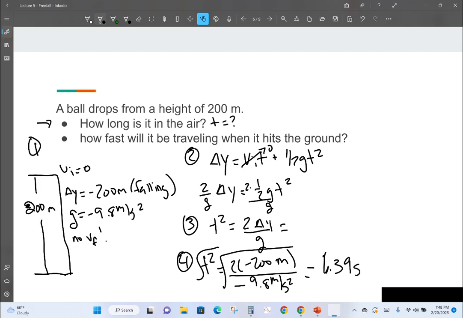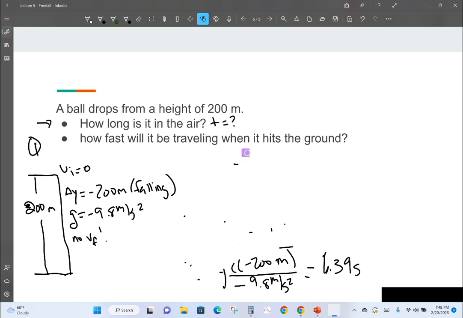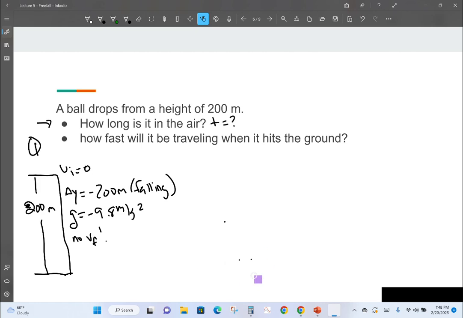seconds. Now, the next thing I want to do is figure out how fast it's traveling. So let me just erase this. All right.